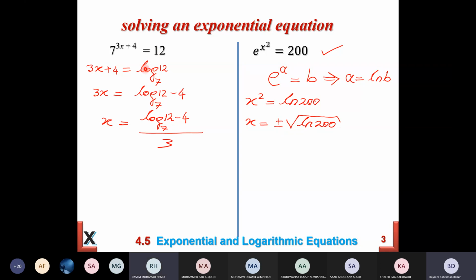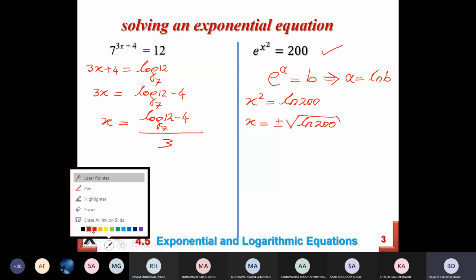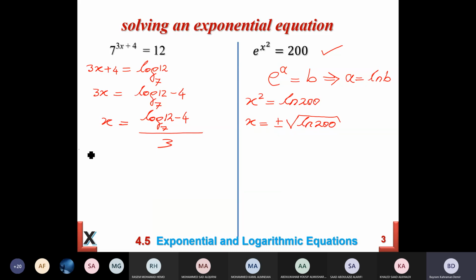Right, but if I put logarithm on both sides, will it give me the same answer? Yeah, of course. This solution is the direct solution, but you can take ln of both sides if you like. Let's go and see the ln of both sides.